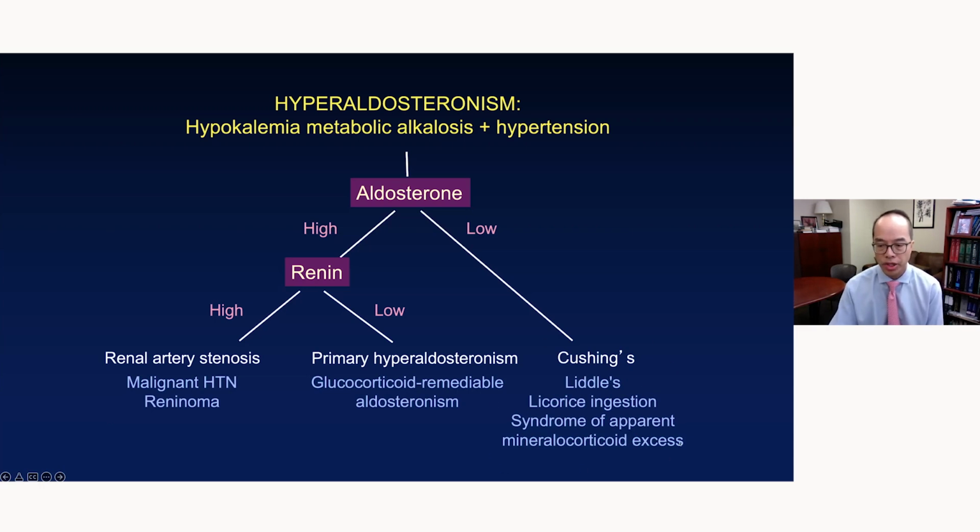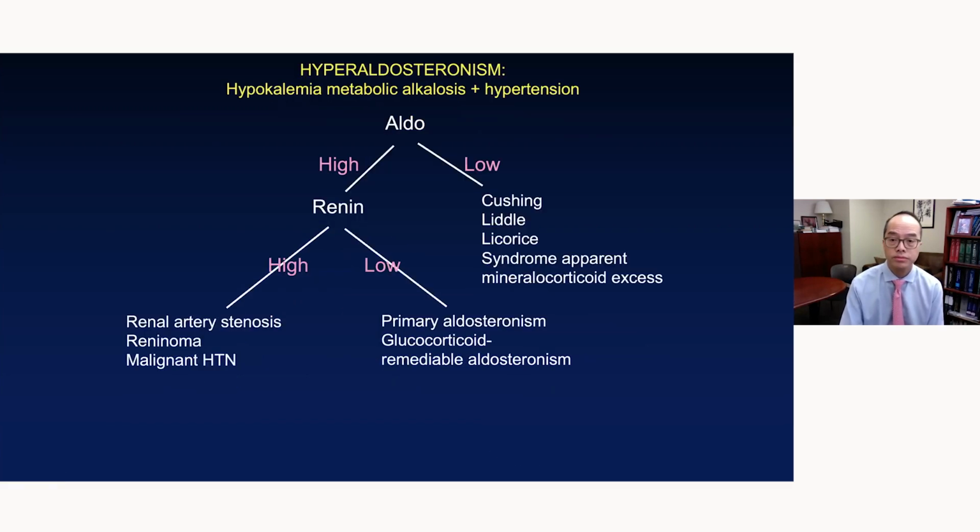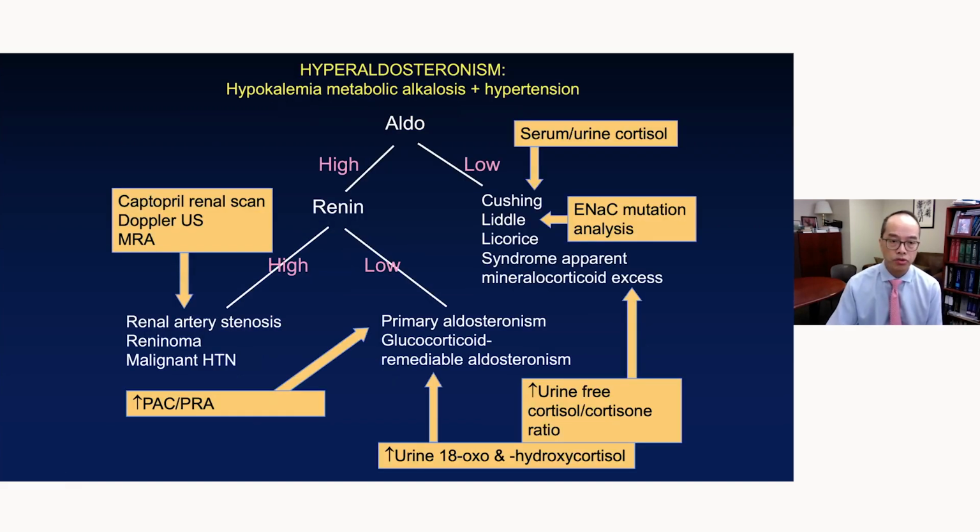So that's the differential diagnosis in this patient, and Cushing's is the most common. And this is just to remind you of the workup of these various conditions. This comes up frequently in the boards, so it's useful to remember these.